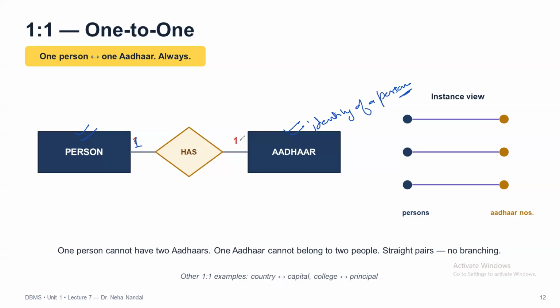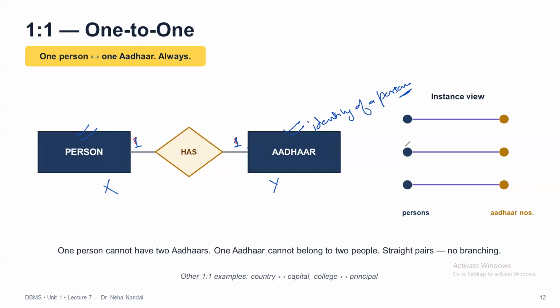One person will have only one Aadhaar, and one Aadhaar will belong to only one person. So how many X and how many Y? How many Ys for X and how many Xs for Y? Only one Aadhaar card for one person, and one Aadhaar belongs to only one person.